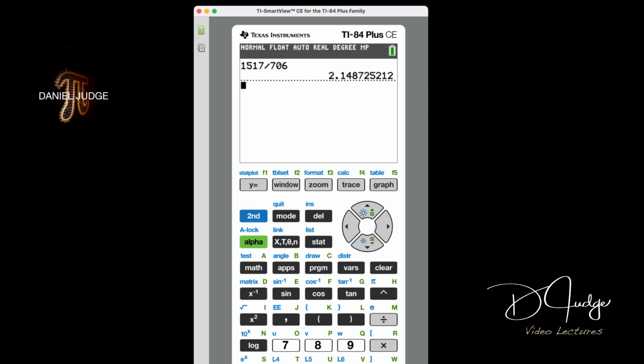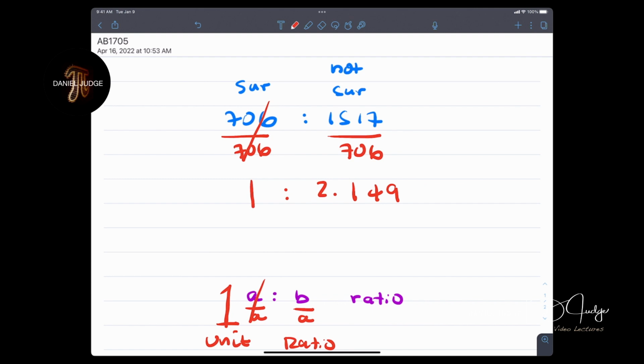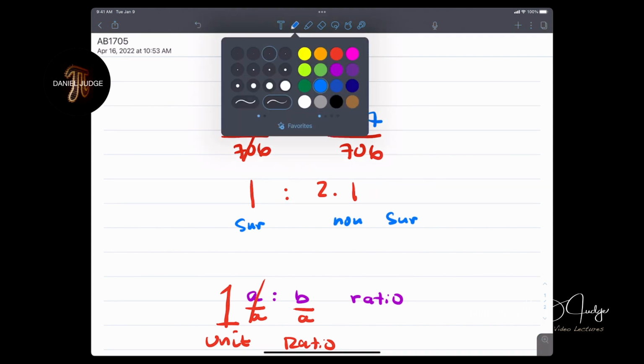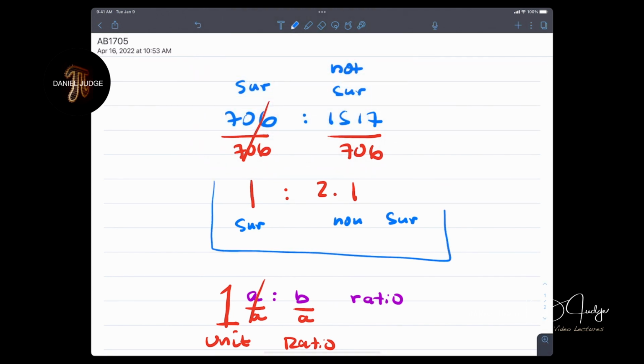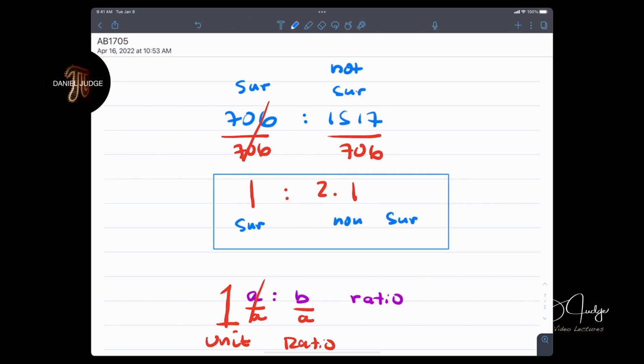Okay? So what this actually means now is simply there is 1 survivor to 2.149 non-survivors. Now, if you want to approximate to the nearest tenths to get an idea, 2.1, you're welcome to do so, or you can use 2.149.